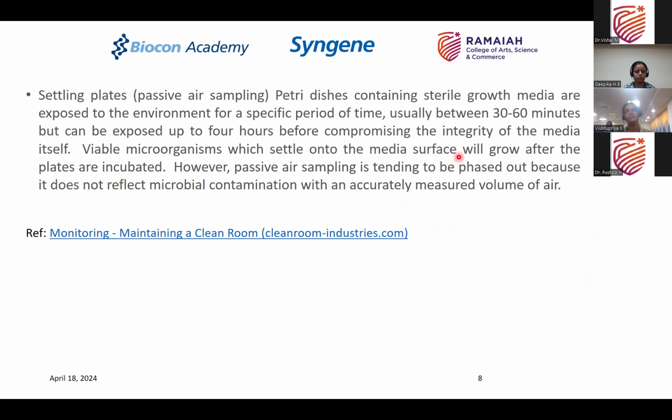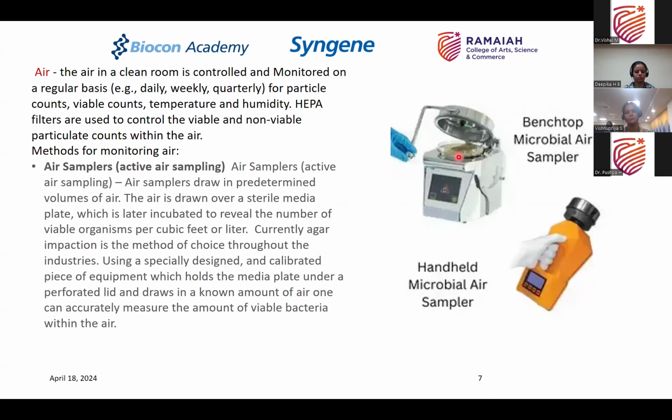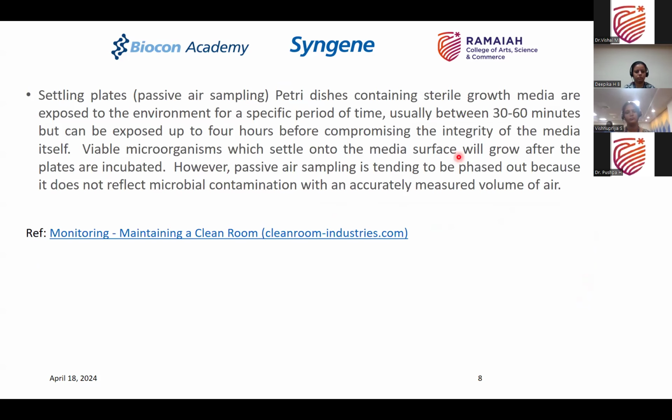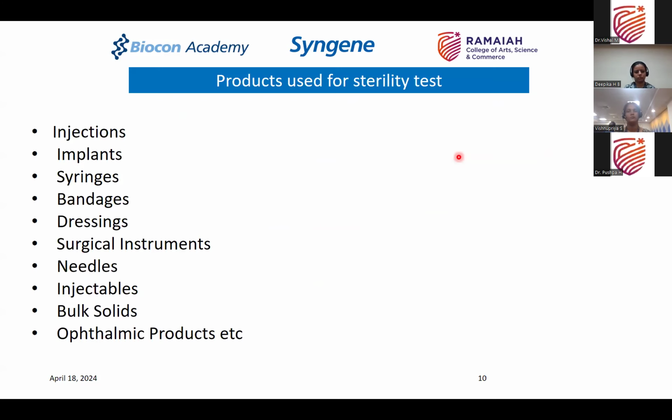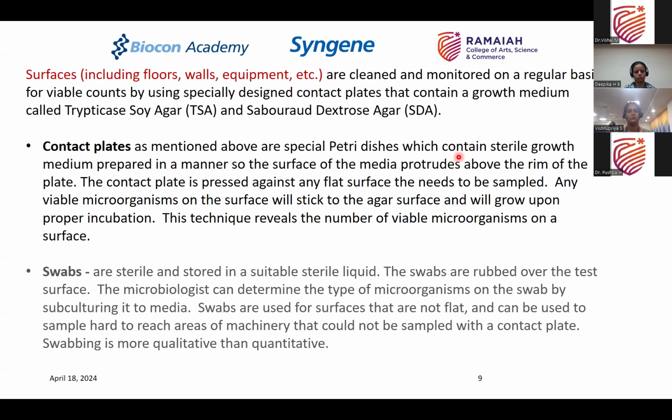This can be done by using samplers, either active air sampling or passive air sampling, a simple method, the settle plate method. The surfaces in that particular room also have to be monitored at frequent intervals of time. We can go for the contact method or the swabs method. So this is about the room which we are going to monitor.